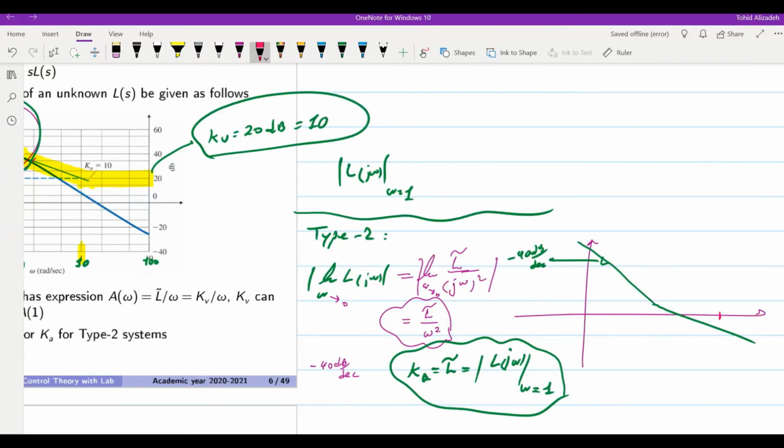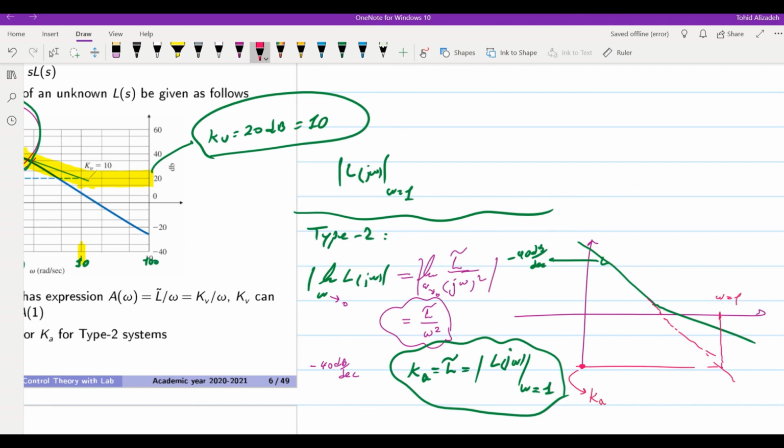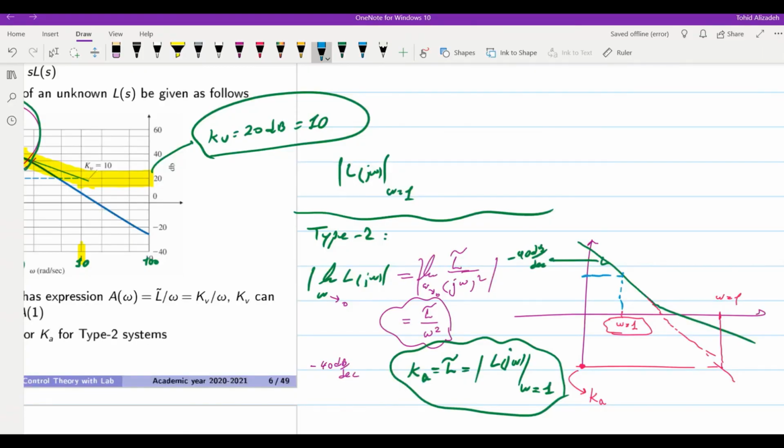If ω equal to 1 is here, we would need to extend the initial part of the Bode plot and then obtain the value for Ka. If, as another example, ω equal to 1 was here, this is the second example, then we could find the value for Ka without extending the first part of the Bode plot, since ω equal to 1 is included in that part.